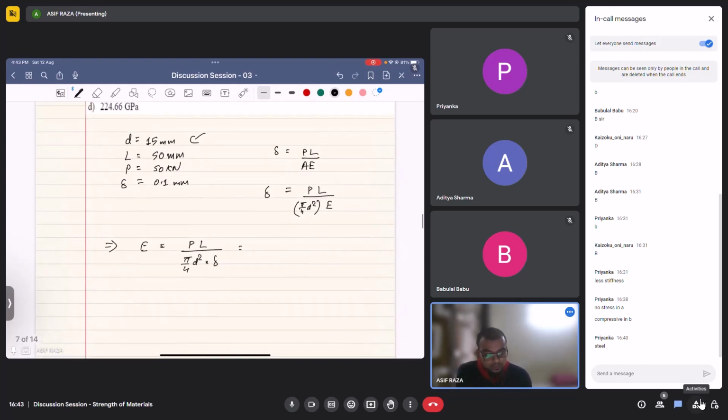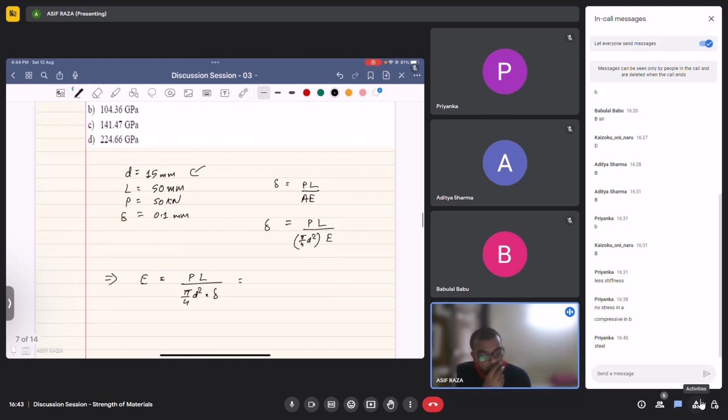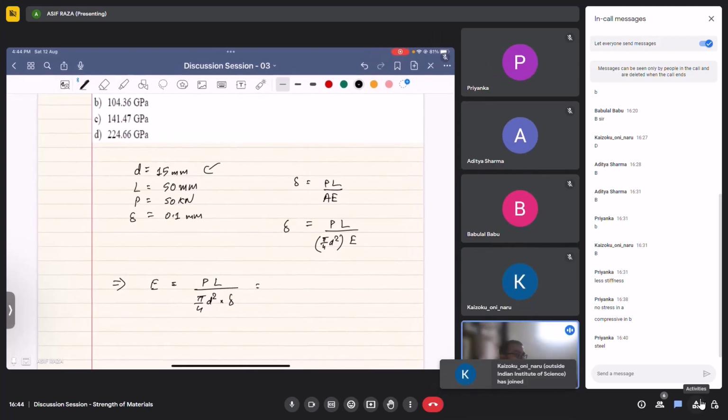Normally I keep everything in terms of Newton for force, mm for length, and MPa for stress. So I'll convert this.